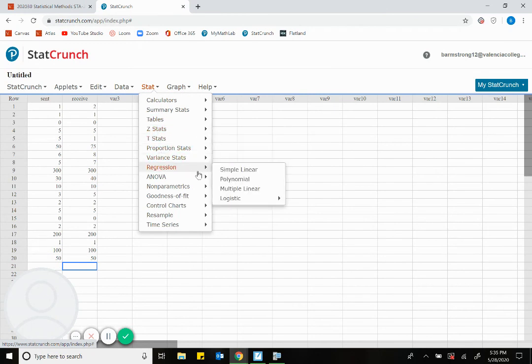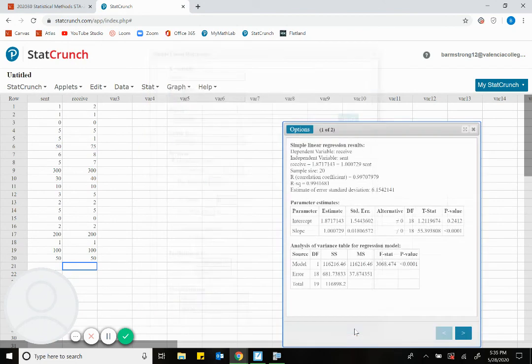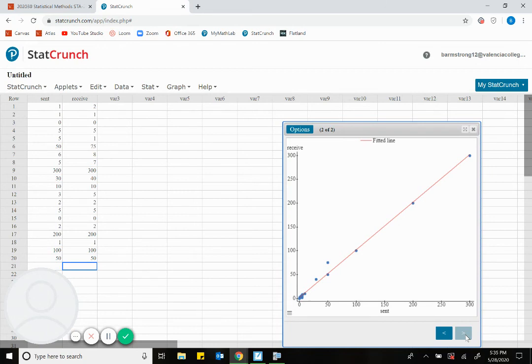And right here, this is actually just going to give us all the information once we say that X is sent and Y is receive. And there is an even better picture than what our calculator gave us.